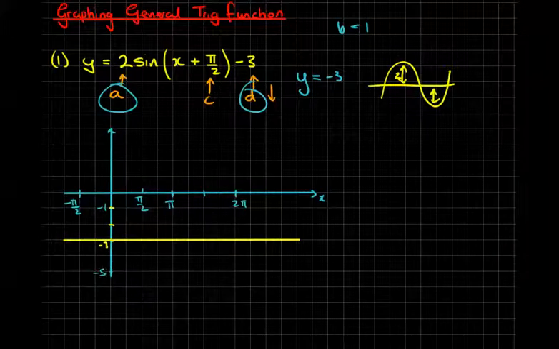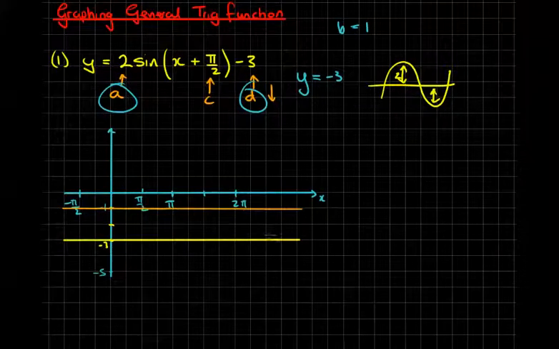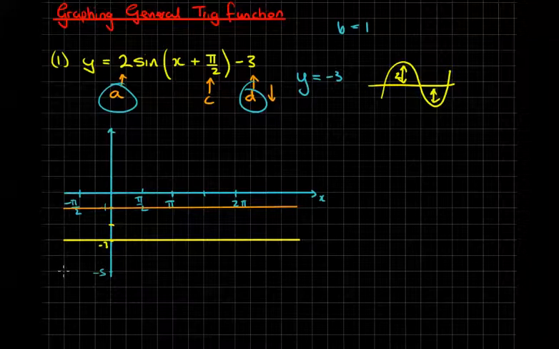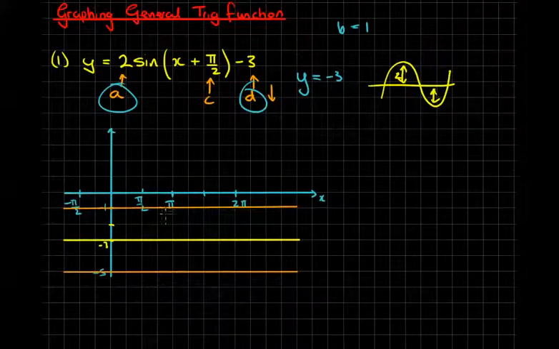So we have an upper and lower bound, effectively. It's not going to go above this orange line. It's going to touch it but not go above it, and it's not going to go below this particular line. All that's left is to work out where the wave starts.